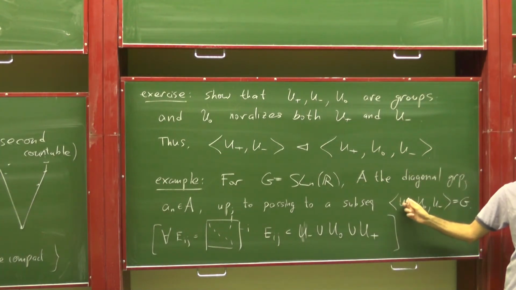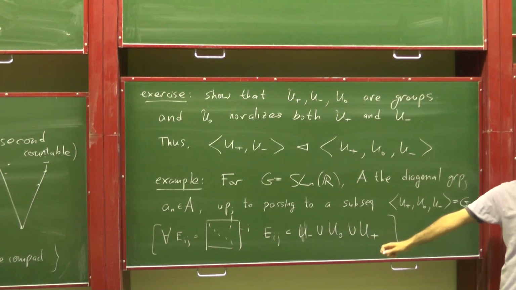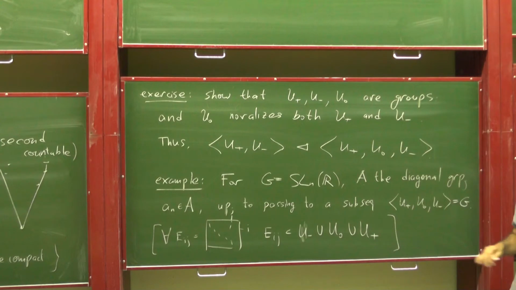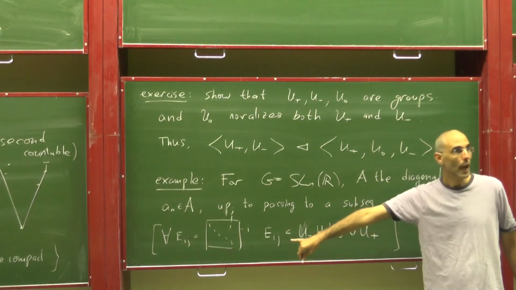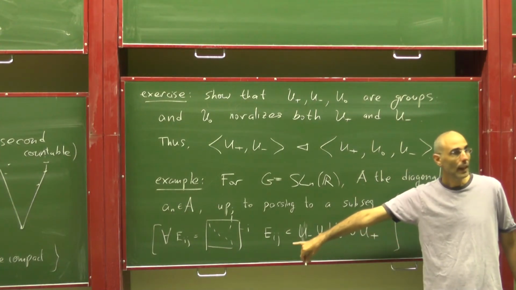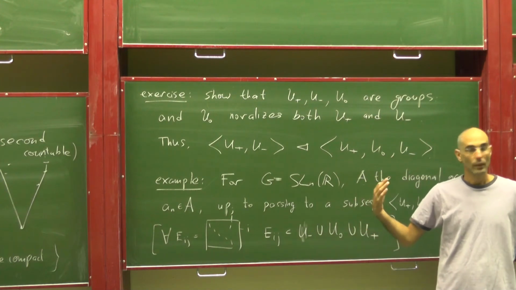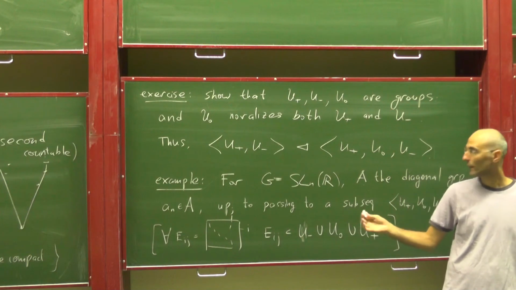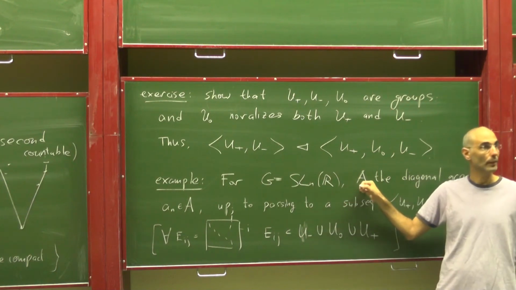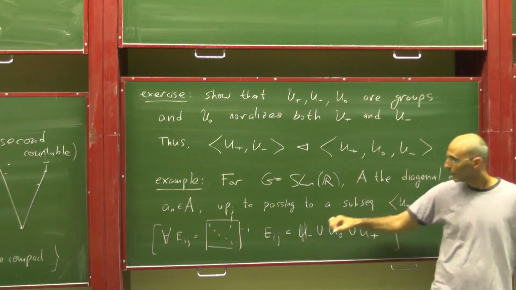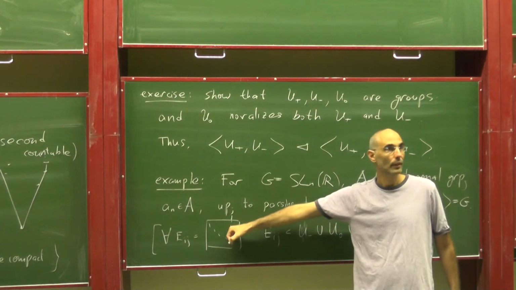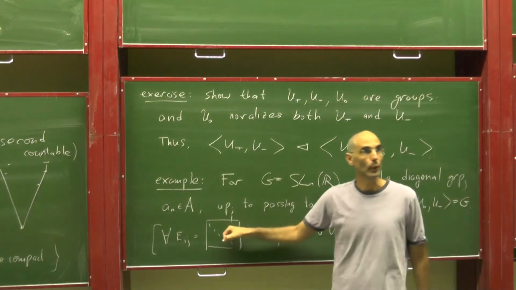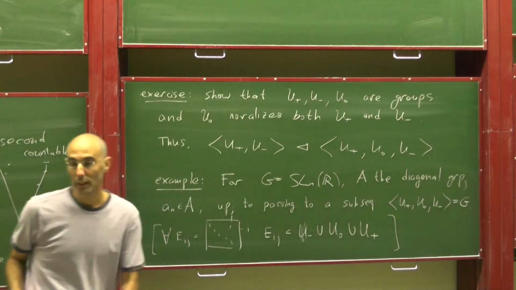Is it clear? I'm brief in writing. For every ij, E_ij must have some specific behavior when I'm conjugating it with diagonal elements. Either this one will be multiplied by some lambda squared or lambda mu inverse or something.